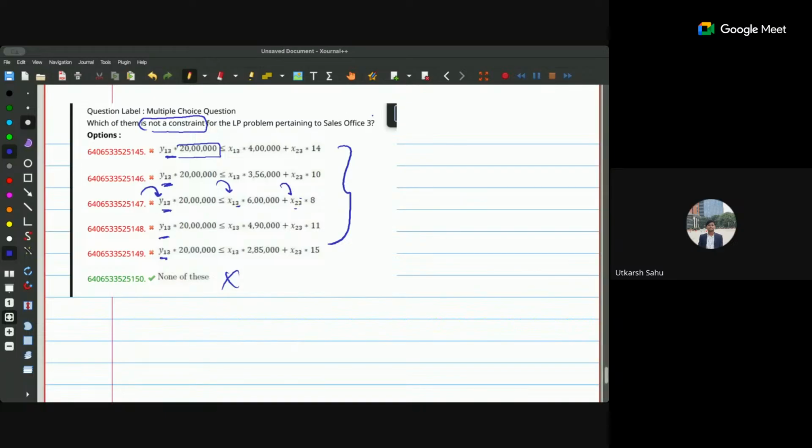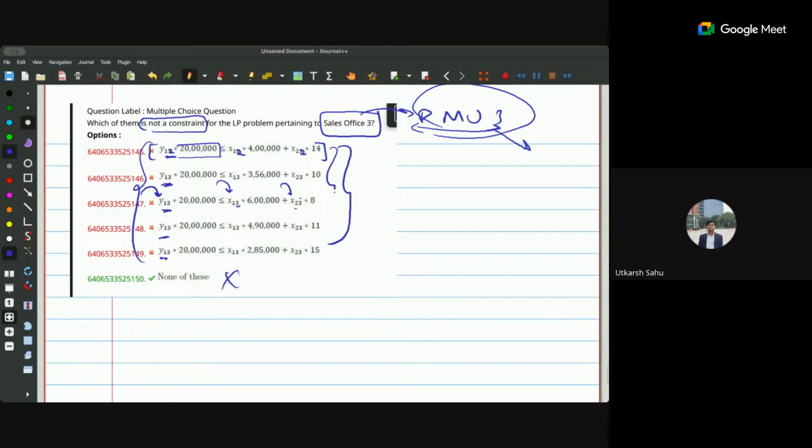So when we are making problem for DMU3, sales office 3, all the weights will be for this only. So wherever you see an option, let's assume it would be like this, 2 2 1 2 and this way, then I can say this is not a constraint. So therefore I would have selected this one because we were making problem for DMU3, therefore all the weights should be for DMU3.